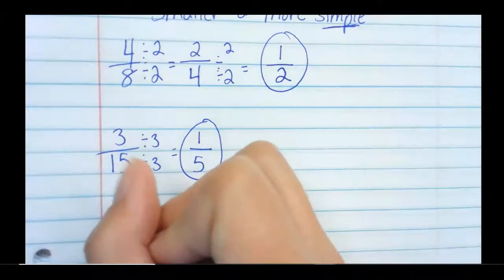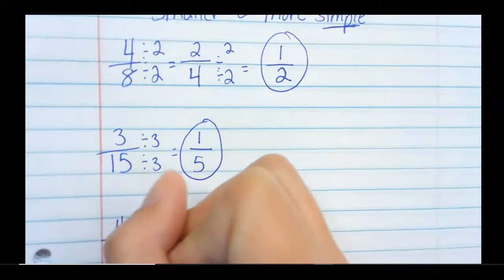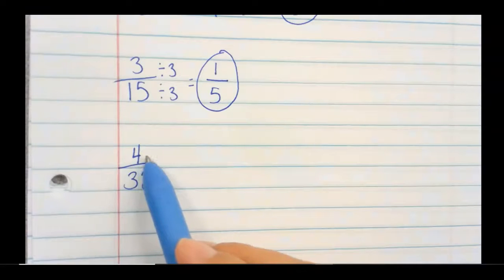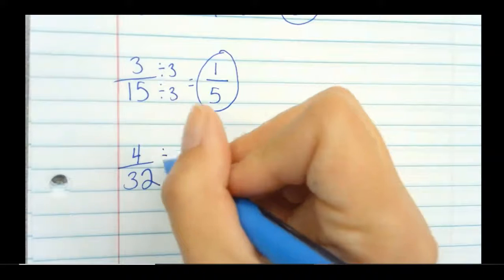What if I had 4/32? Think about when you're skip counting. 4 and 32, they are both multiples of 2, right? Because they're both even. But are they both multiples of another number? 8. Can you divide 4 by 8? No. It's a 4.